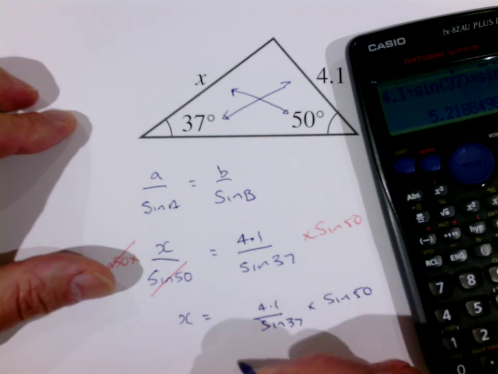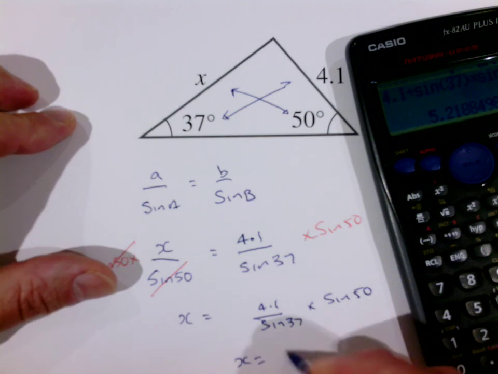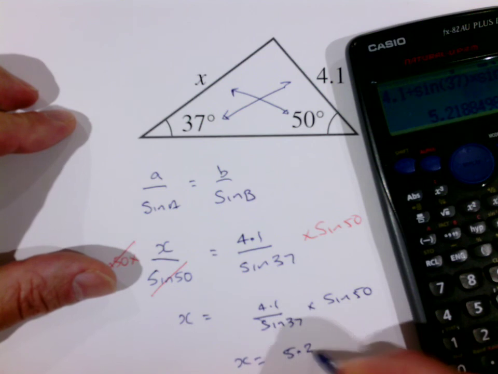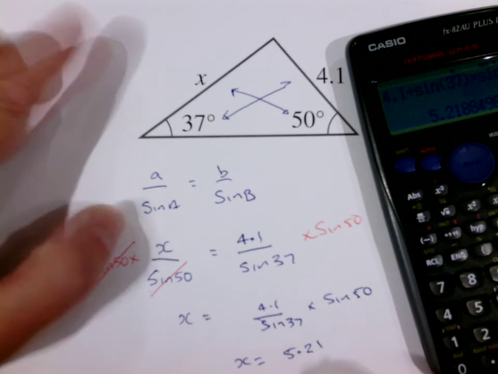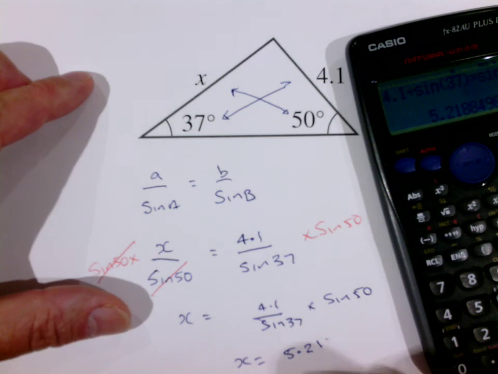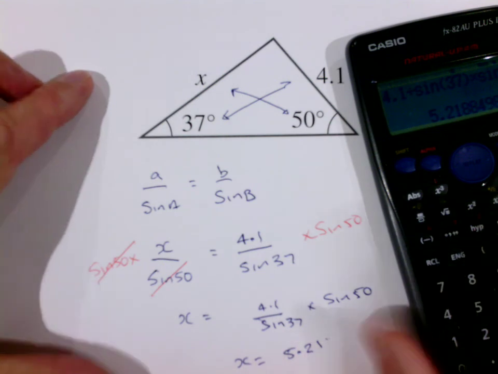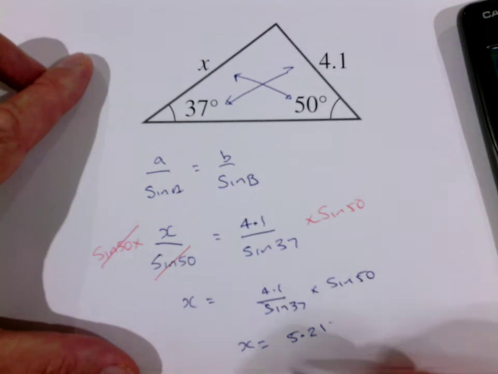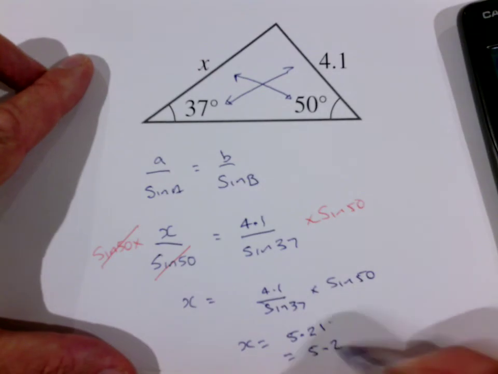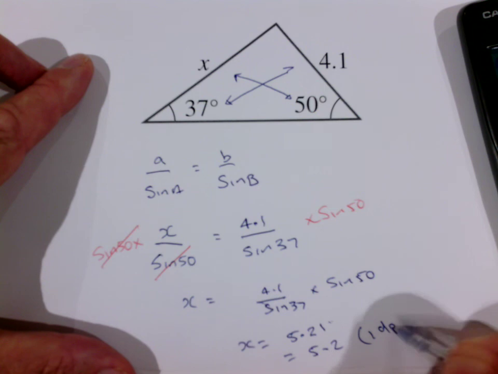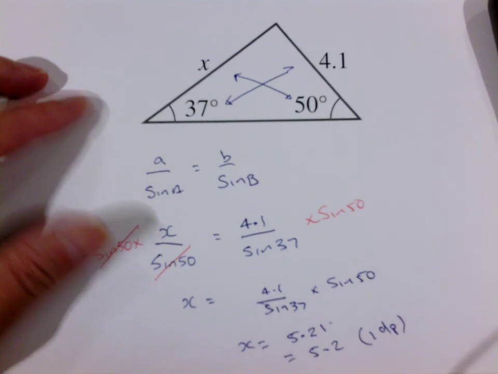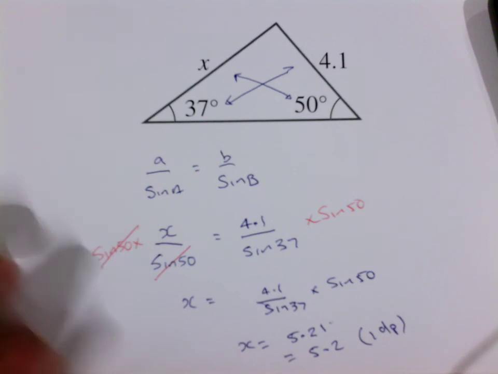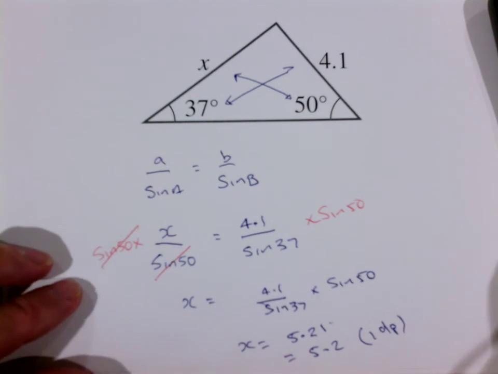So we end up with x equal to 5.21. And we're going to one decimal place, so it's going to be 5.2 to one decimal place. And the units there were, well, we didn't have any units on that diagram, so 5.2 is our answer. Okay, so that's for finding a missing side.